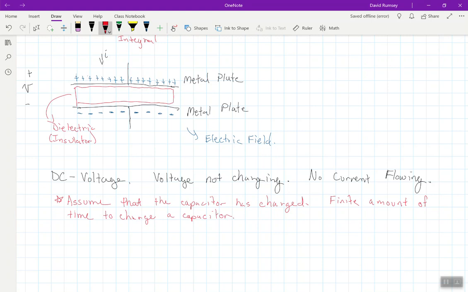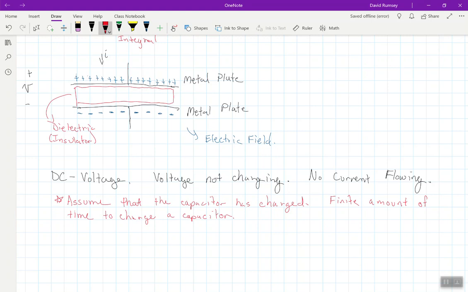Now, when I say finite amount of time, the time depends on the circuit, depends on the size of the capacitor, depends on other resistive elements in the circuit. But for capacitors that we're talking about, on circuit boards for instance, you're talking probably in the millisecond at the largest amount of time it would take to charge up the capacitor. And in some cases, you're talking micro and nanoseconds.